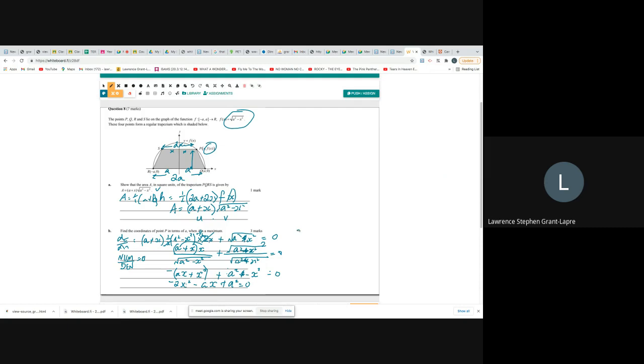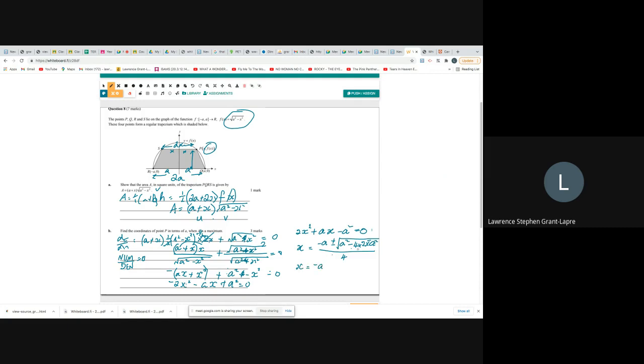I'm just going to make that a positive 2x squared, positive ax, and a negative a squared equals 0. Therefore, x will equal the quadratic formula, negative b plus and minus the square root of b squared minus 4ac over 2a.